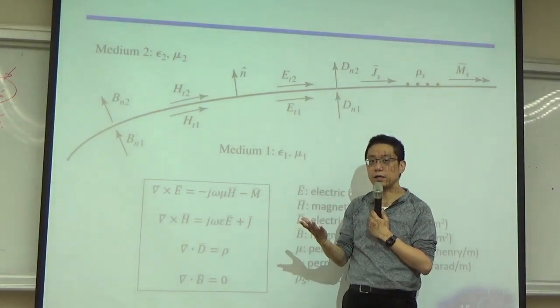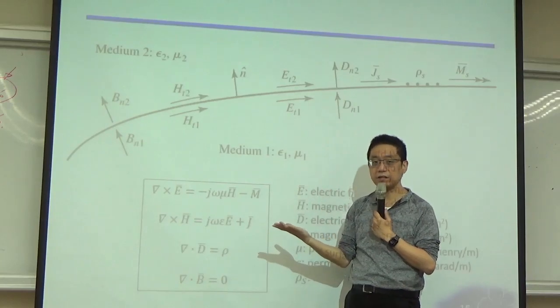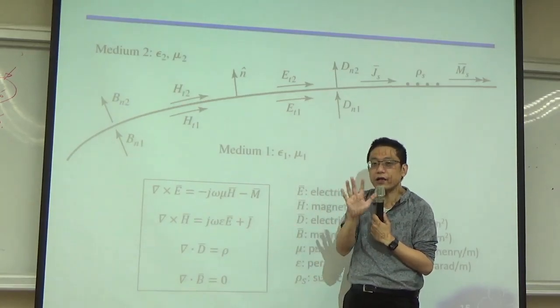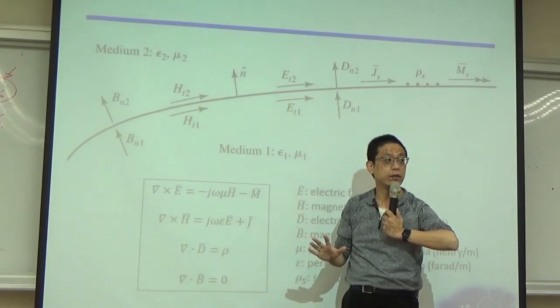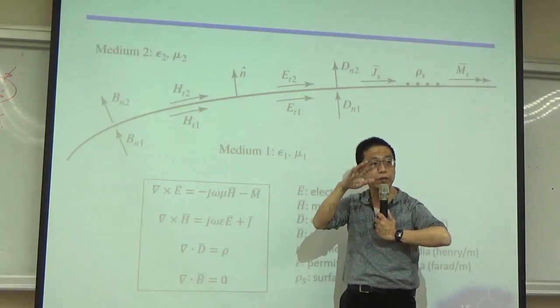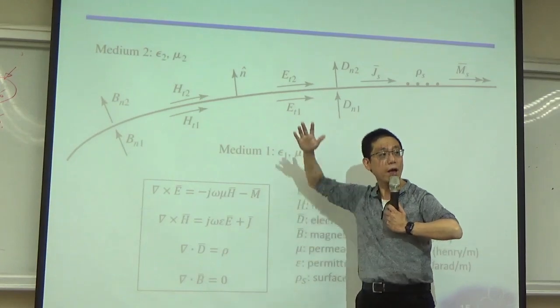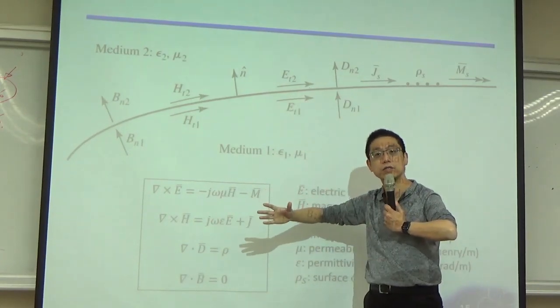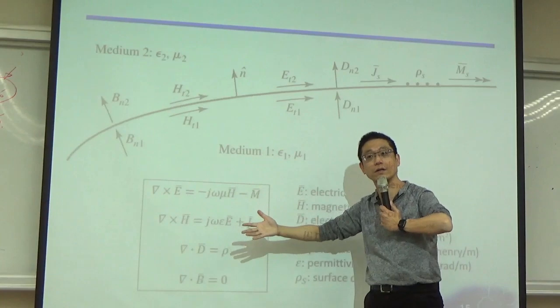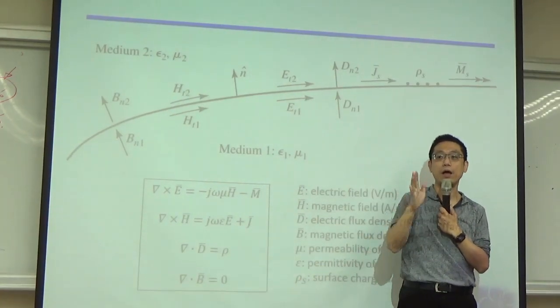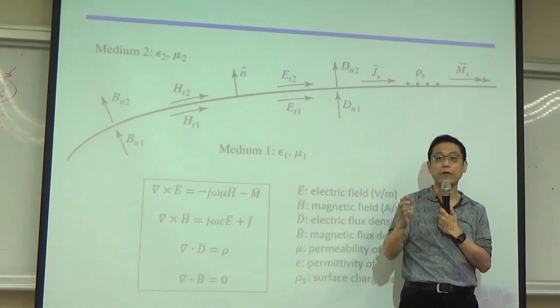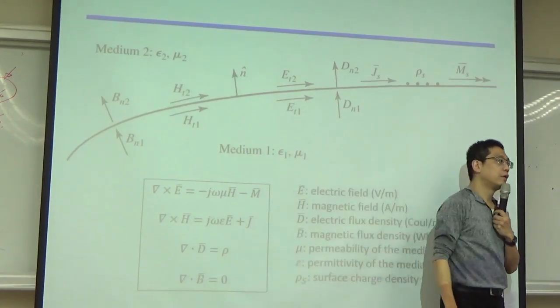I didn't say they are moving, I didn't say they stop. It's just for all conditions. When you have two materials, this will happen for all conditions. This is a very general condition. These boundary conditions will happen in all situations.